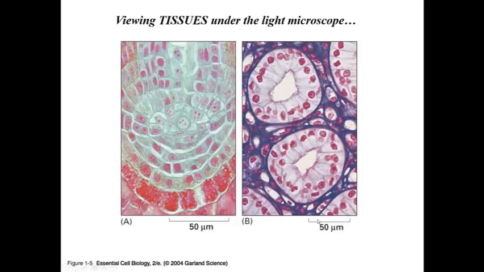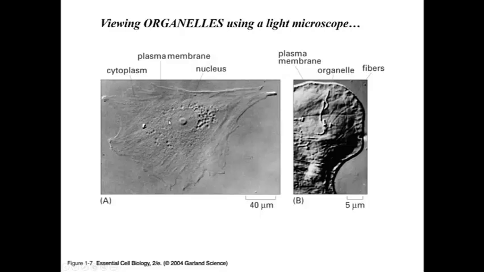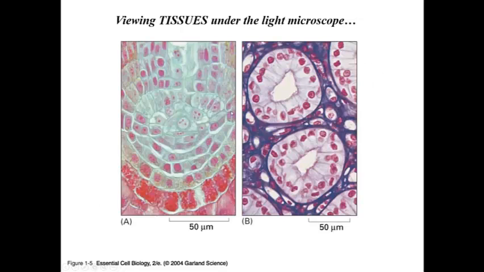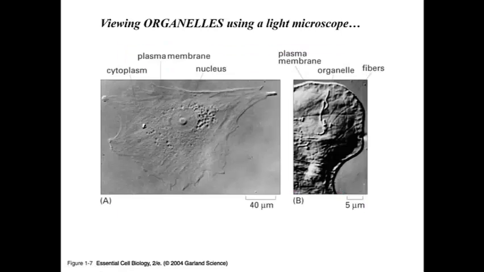So in addition to staining, we can look under the microscope at live cells. With staining, you have to actually kill the cells to look at them and study them under the microscope, because the staining process itself will kill the cells.